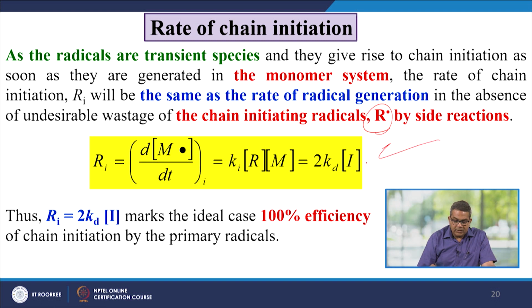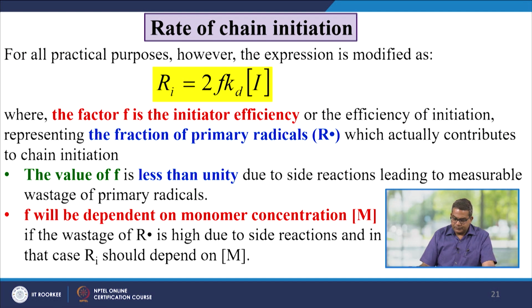So, this can be represented as Ri equals d radical of M over dt equals Ki, concentration of R, concentration of M, equals 2 Kd concentration of I. For Ri, this is the 2 Kd I. This makes the ideal case, that is 100% efficiency of the chain initiation by the primary radicals.